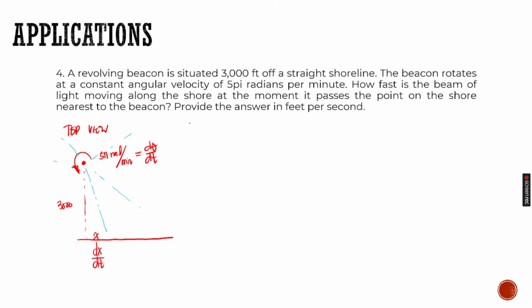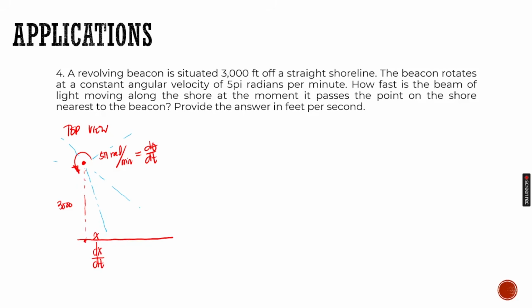Now, the problem also says, the moment it passes the point on the shore nearest to the beacon. This means that the point nearest to the beacon is actually the point here, at 3,000 feet. That is the shortest possible distance of the beam of light from the beacon, because farther along it is higher or farther away.